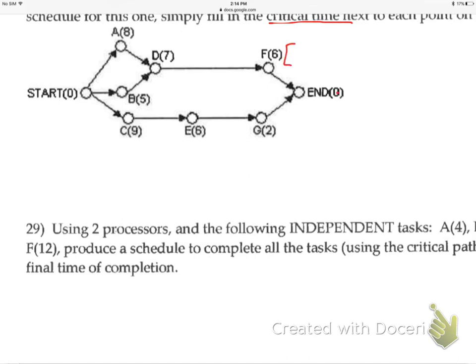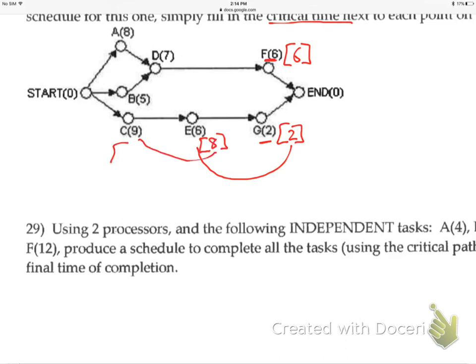So 0, add 6 is just 6. 0, add 2 is just 2. Good so far? And now, 2, add 6 is 8.